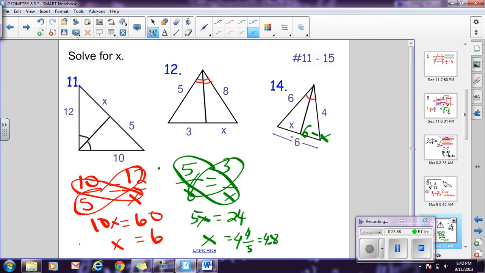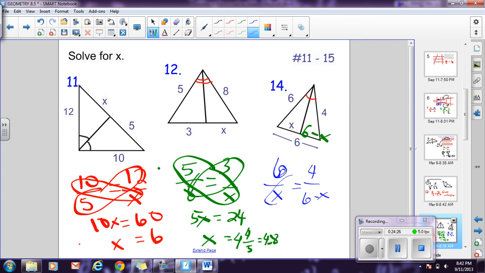Now, again, remember, I can set up the proportion 6 over x or 6 over 4. But as long as I set it up the same way each time, I'm fine. So let's do it this way, because last time I did 5 over 8. I can still do this way, 6 over x. So we'll do 6 over x is going to equal 4 over, remember, this is the difference of 6 and x, so 6 minus x.